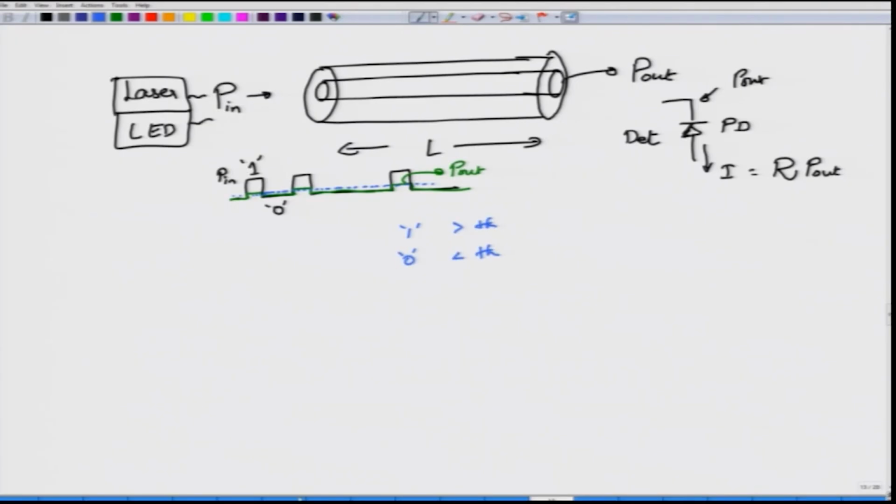In order to make this decision, you need to look at the minimum optical power that my photodetector can detect. If I send in optical power at say 20 picowatts, my photodetector may not respond.